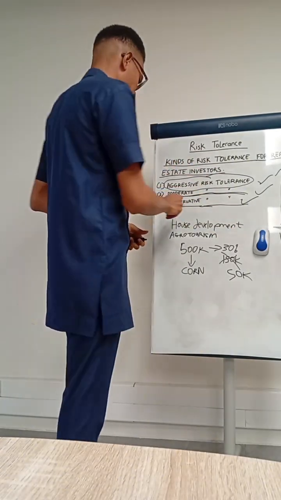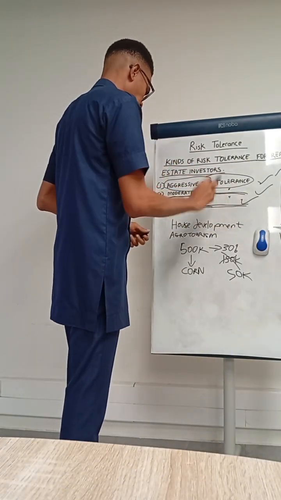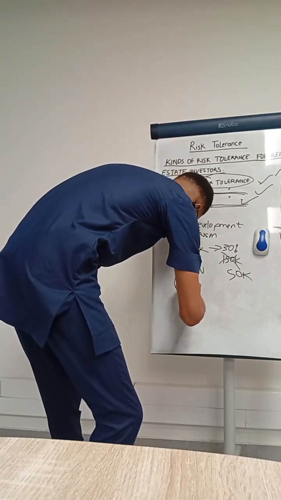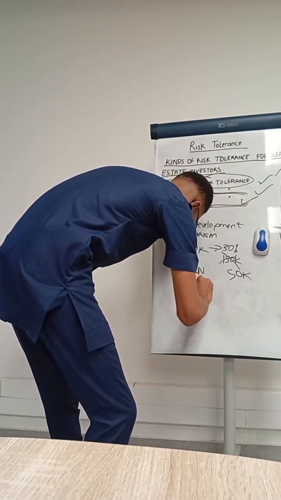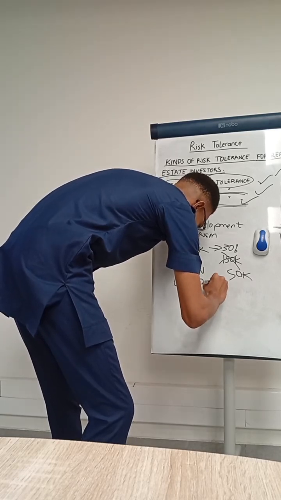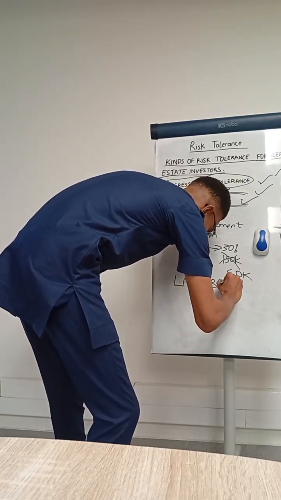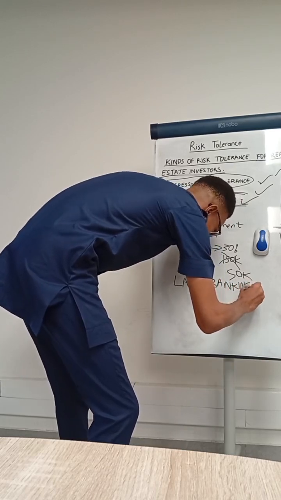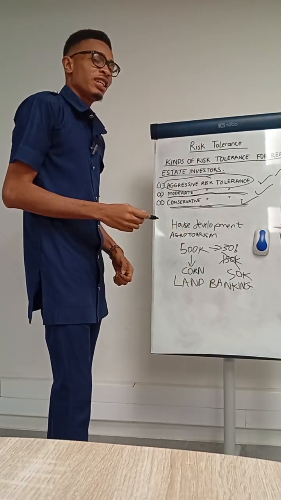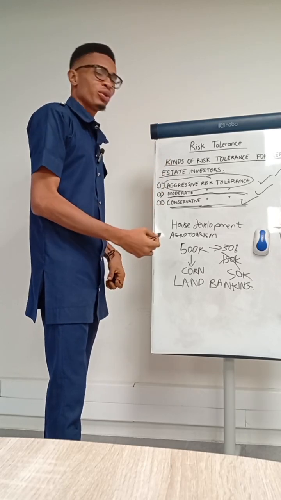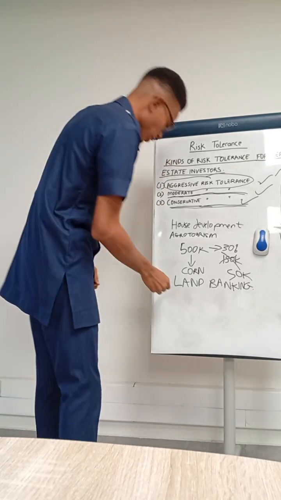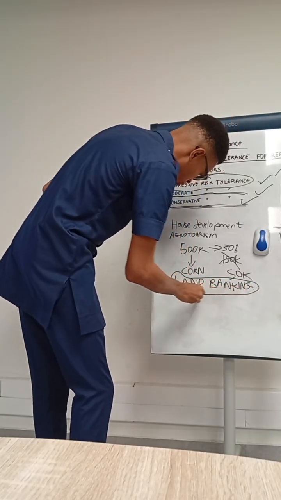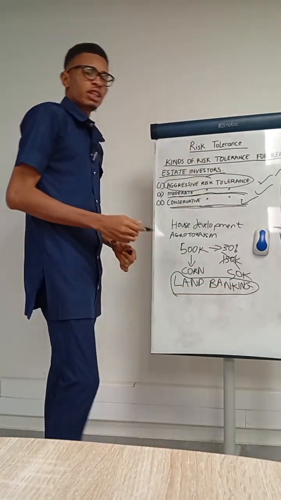So an example of a conservative risk tolerance investment in real estate is land banking. You see, this can make you rich over a long period of time.